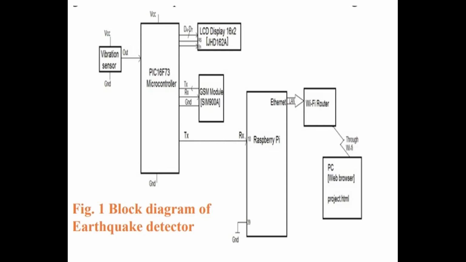We know how to transmit to the particular web browser. He used one more microcontroller, the Raspberry Pi. Through Ethernet, a LAN cable, it connects to the Wi-Fi router, and through that it is displayed on the web browser.